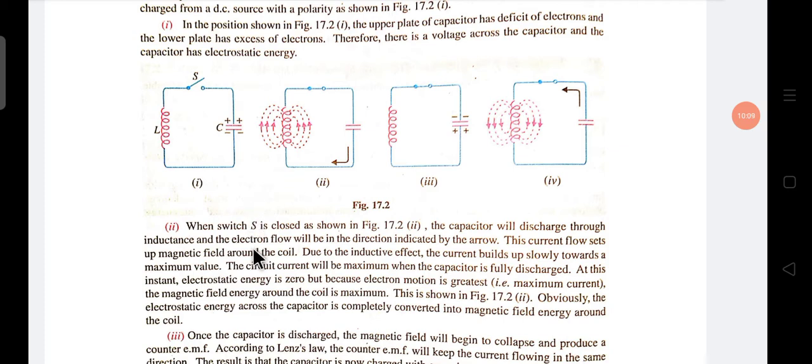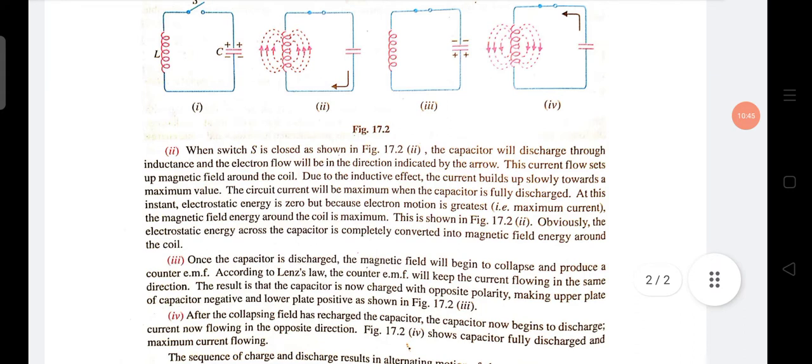The circuit current will be maximum when the capacitor is fully discharged. At this instant, electrostatic energy is zero, but because electron motion is greatest, the magnetic field energy around the coil is maximum. This is shown in figure 2. Obviously, the electrostatic energy across the capacitor is completely converted into magnetic field energy around the coil.